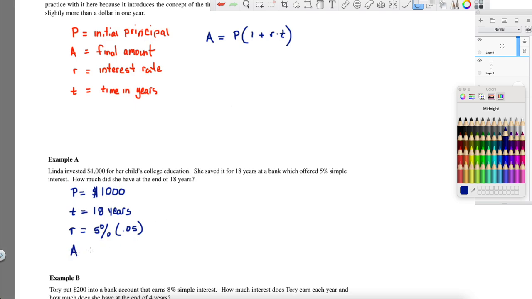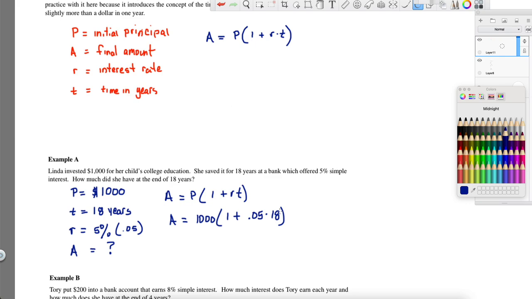So we want to know what the final amount is. So we have A equals P times 1 plus RT. So 1,000 times 1 plus 0.05 times 18, and I'm just going to put that in my calculator.